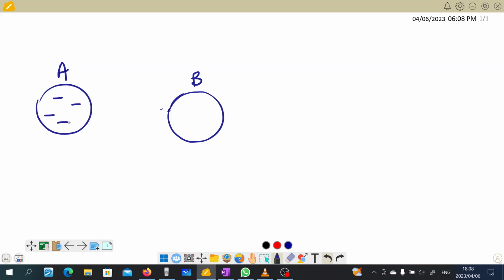In grade 9, we said if you have 2 spheres, let's say you have sphere A, and then you have the second sphere, let's say that is sphere B. Let's say that sphere A has 5 negative charges and 2 positive charges or ions or particles.